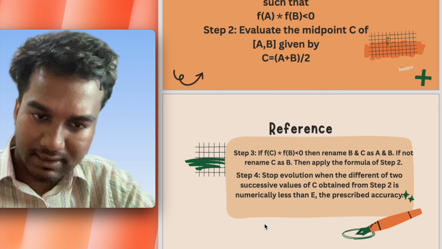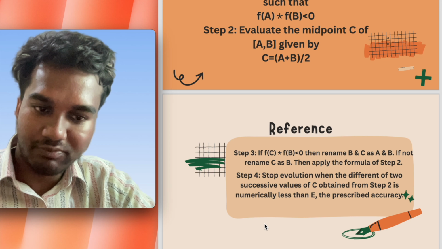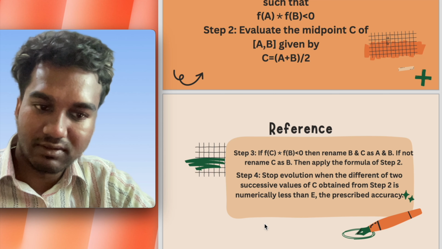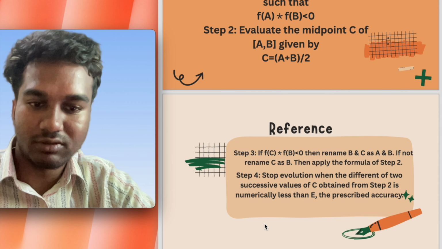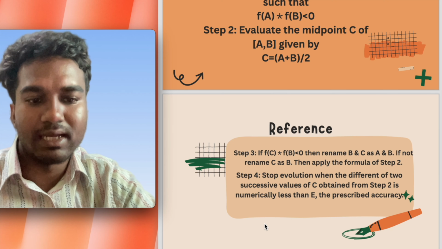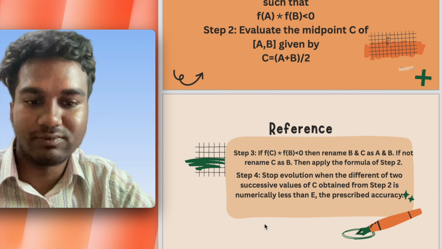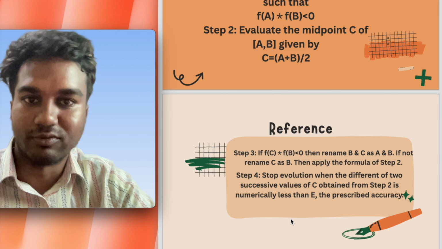Step three: if f of c multiplied by f of b is less than 0, then rename c and b as a and b. If not, rename c as b. Then apply the formula cyclically, step 2 and finally step 4: when two successive values of c are the same, that is the accurate value.